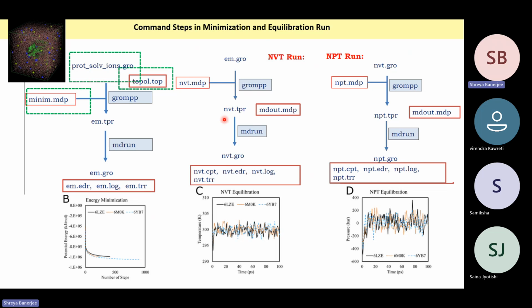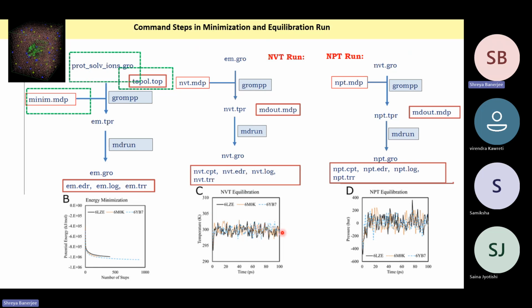Then there are certain other commands you have to give. For these two, again, you will get a potential energy curve. Along with that, when you are doing constant temperature, you will see the temperature stabilizing around, if you take the average of this, somewhere around 300. It might take some time for the temperature to stabilize.